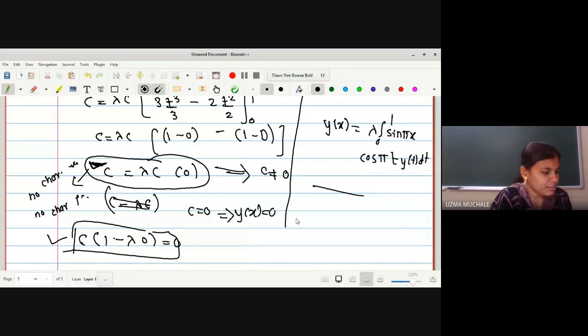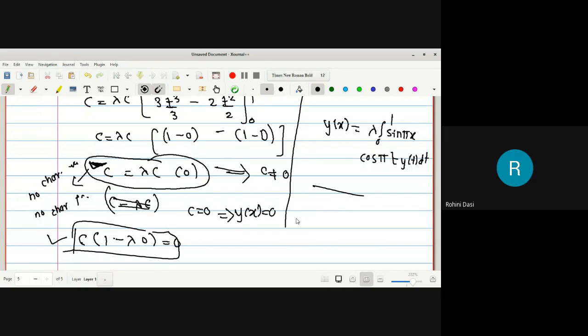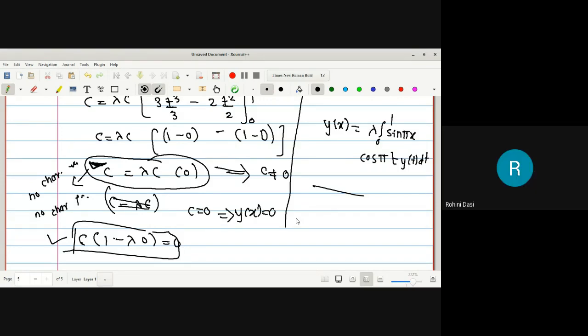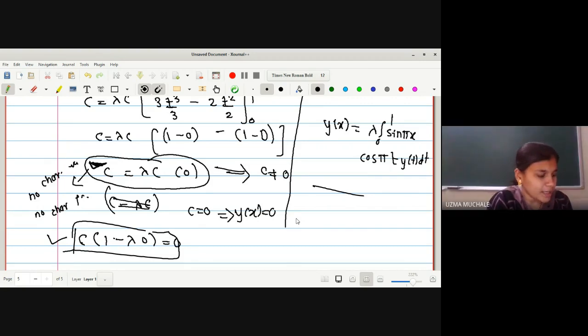Again, we are getting the same case, no? C is equal to lambda C by 2 into 0. Yes, ma'am. Sin 2 pi minus. C is equal to lambda C by 2 sin 0. Yes, ma'am. Again, what we can say is there is no characteristic value, no characteristic function.